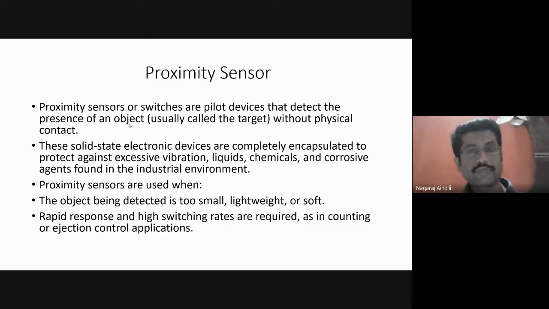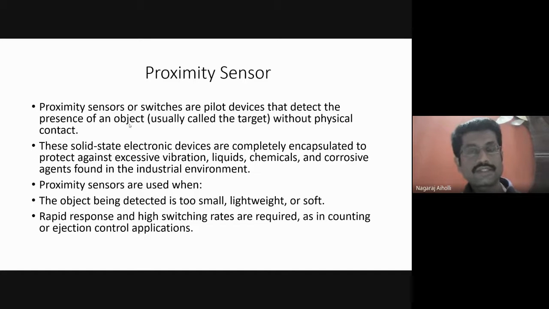When the first bottle comes, it will detect that. Then it has to immediately switch over to the next bottle, and when the next bottle comes, it will count that. So there should be continuity in the switching, and also continuity in the detection of the object.